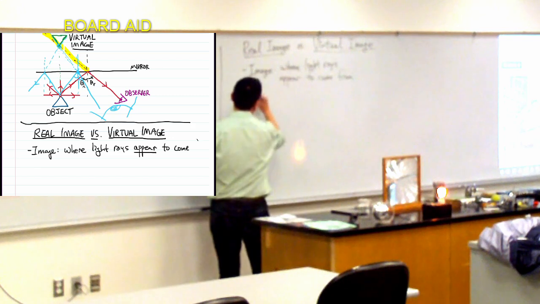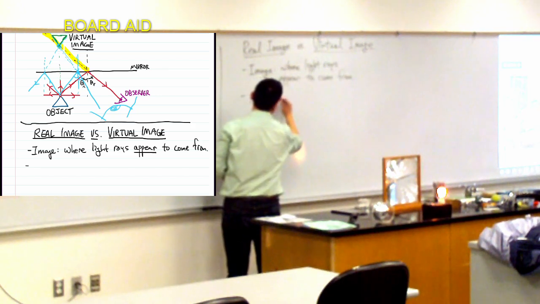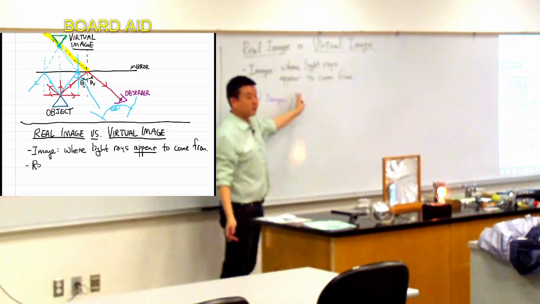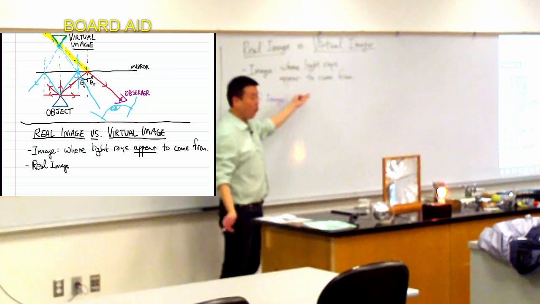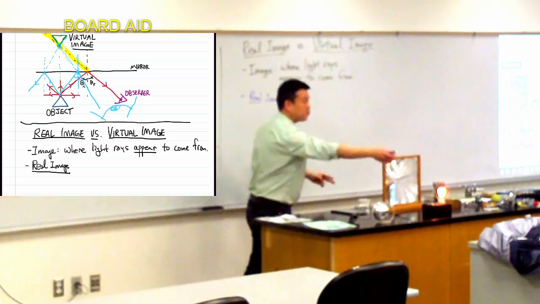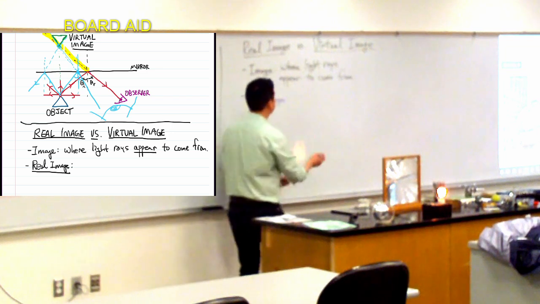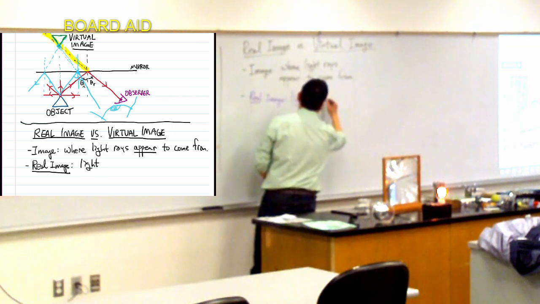When you have a real image, not only do the light rays appear to come from there, the light rays actually come from the image. I mean, originally from the object, but through the intermediate step, it actually does come from the image.